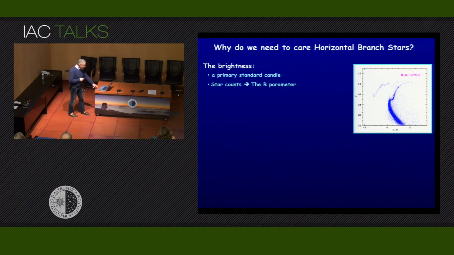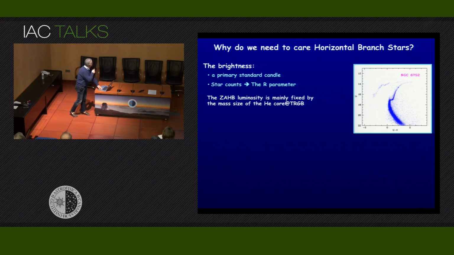And also the brightness of this feature, the zero-age horizontal branch luminosity, is determined essentially by the size of the helium core mass at the helium ignition. And, I'll come back to this point later, the physics entering in the computation of this parameter, the size of the helium core mass, is strongly dependent on many physical inputs. So this is a very important benchmark for stellar physics.